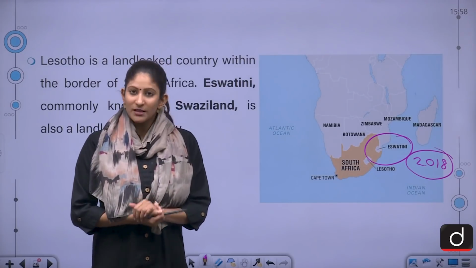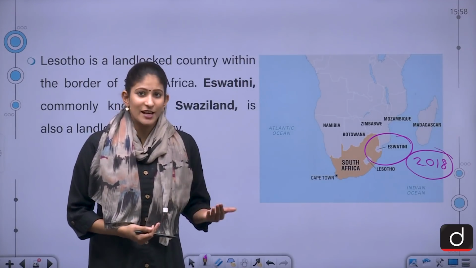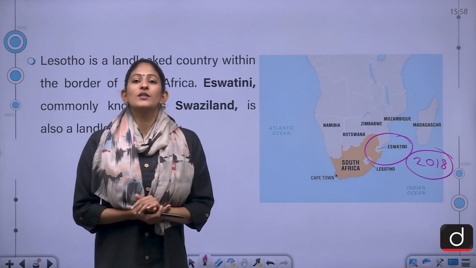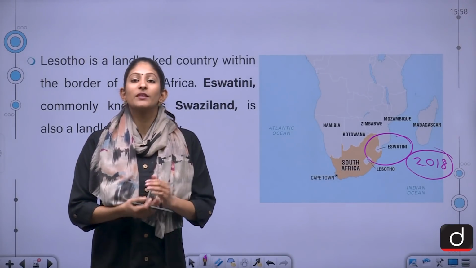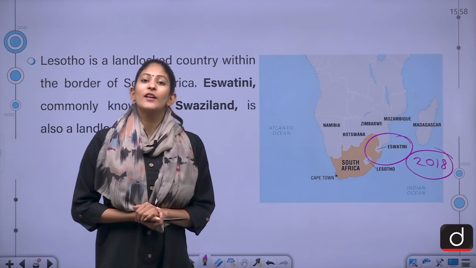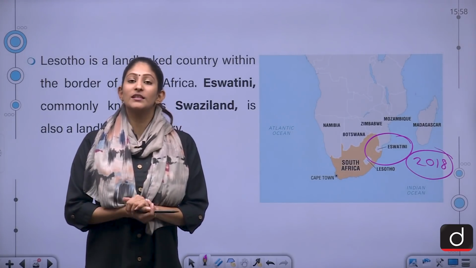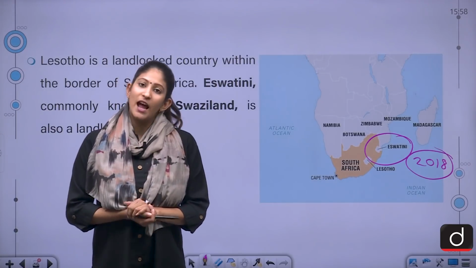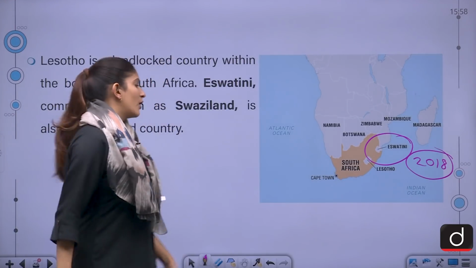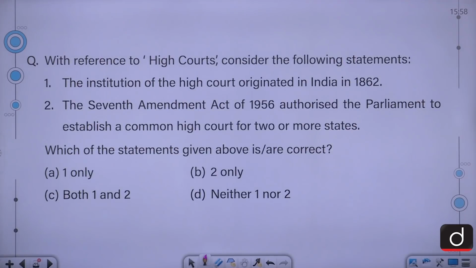King Mswati III changed its name, saying that it was very confusing with the nation Switzerland. Also, Swaziland is infested with diseases such as HIV/AIDS and tuberculosis. Moving on, let's talk about our next question.